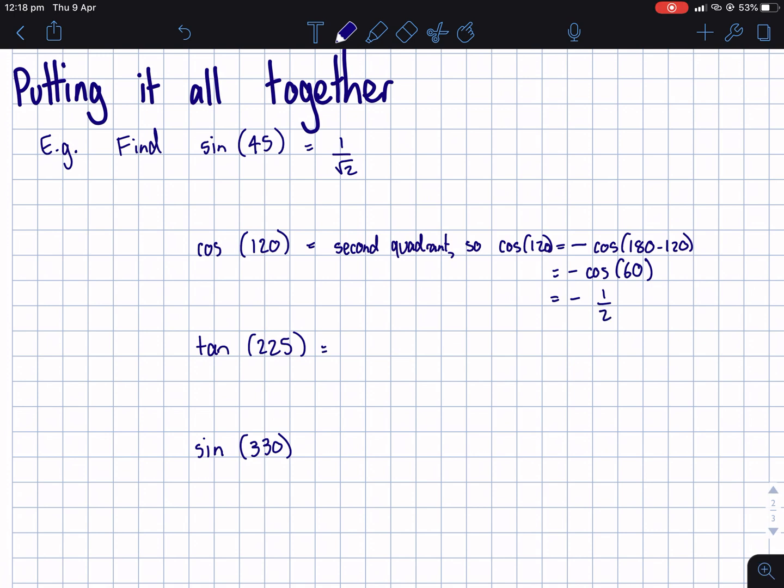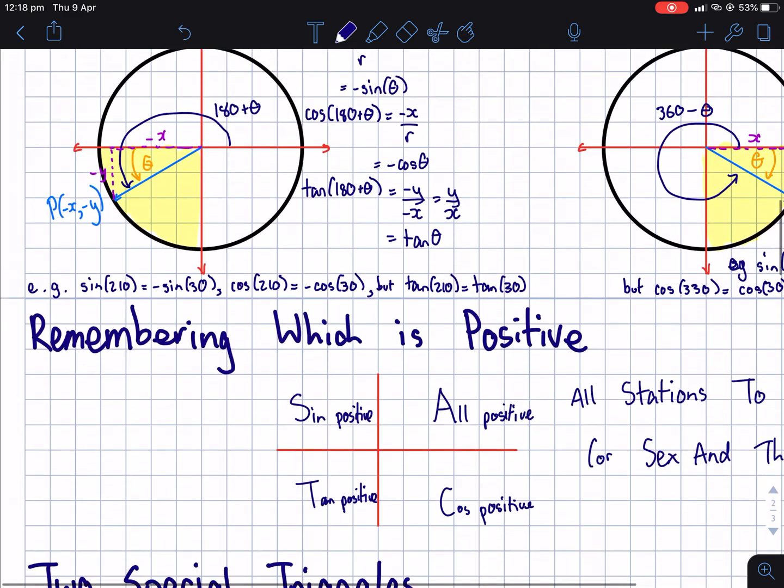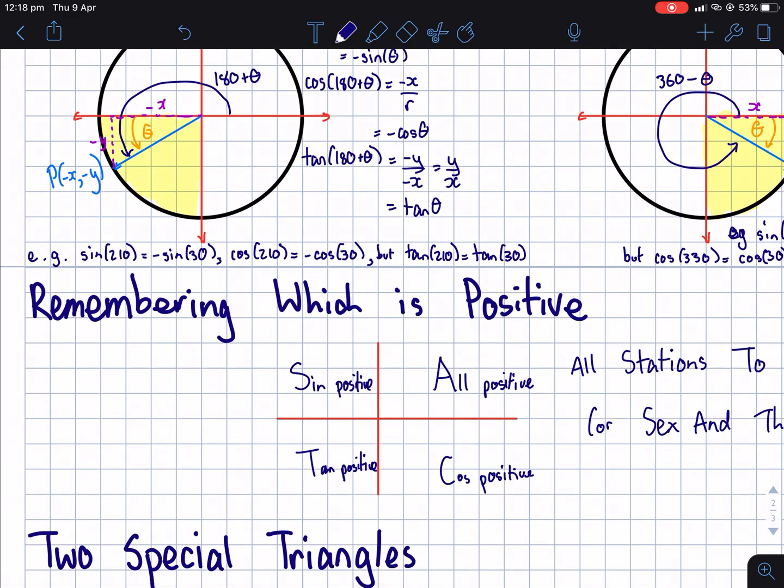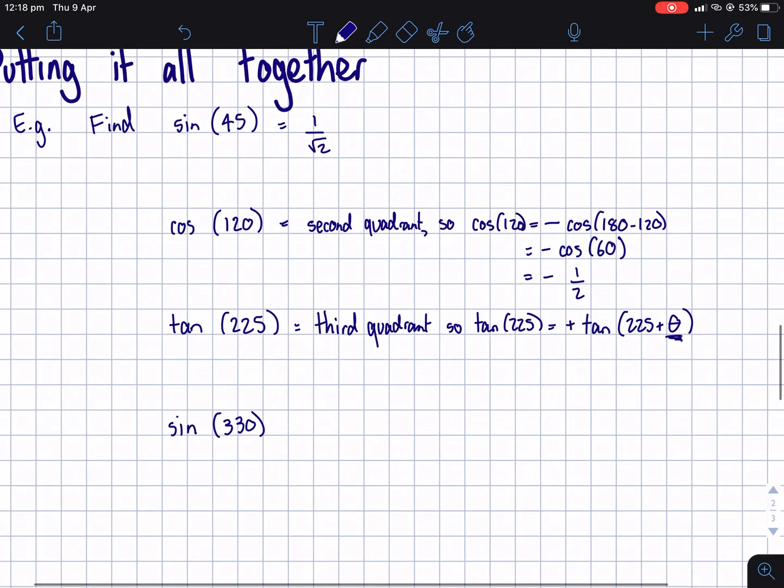Tan 225, we're now in the third quadrant. Tan is positive in this quadrant, so tan 225 equals positive tan of 180 plus theta.